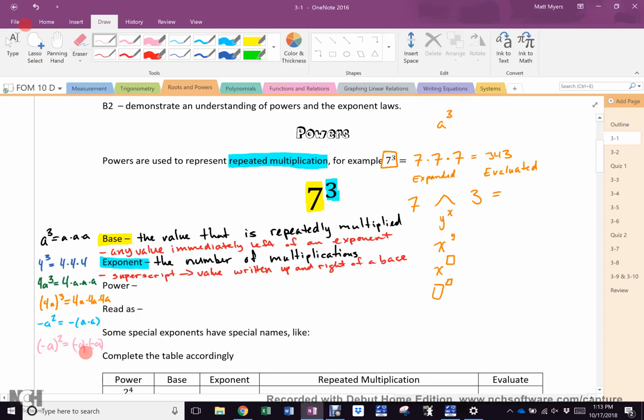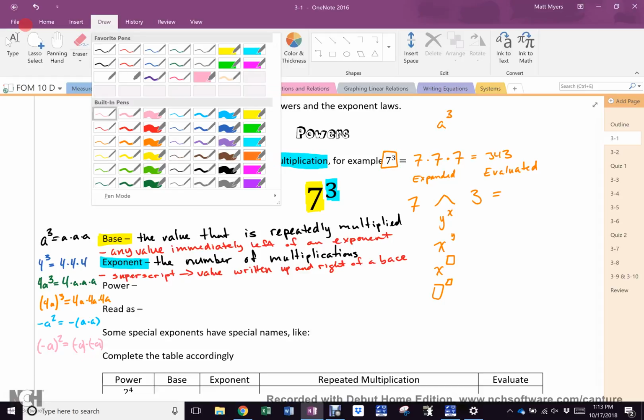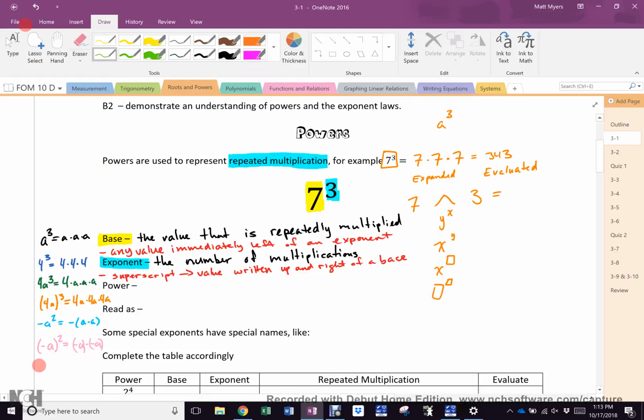Will the light blue line be positive or negative? Negative. Will the pink line be positive or negative? Positive. Wait, I'm still not done. Light green, negative a cubed. What's that? Negative a times a times a.